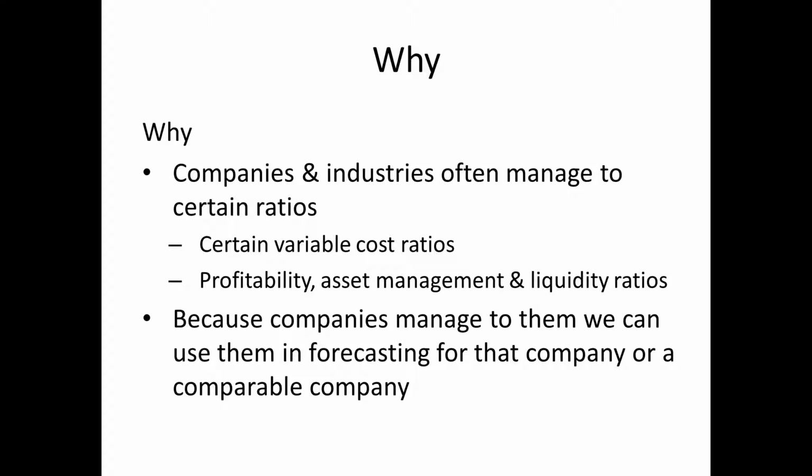Or if you are looking at a new business and you can find out what typical ratios in your industry are, then you can use that as part of your forecasting going forward. So we will find these ratios very useful as we go forward with forecasting as well.